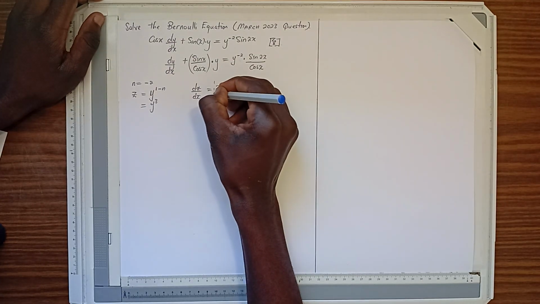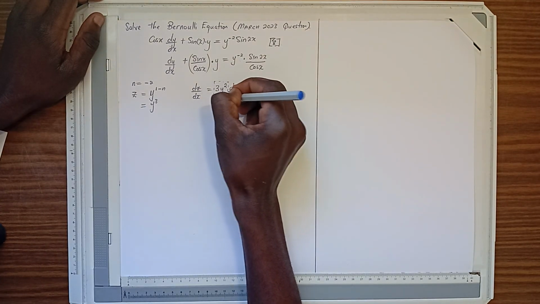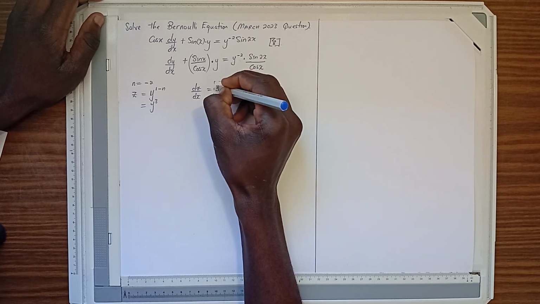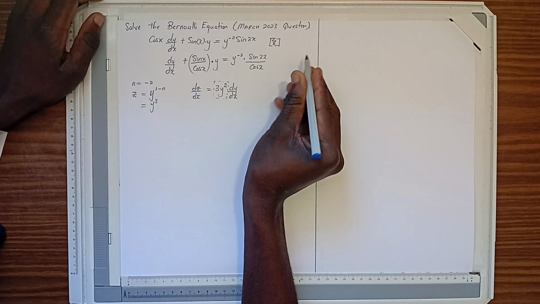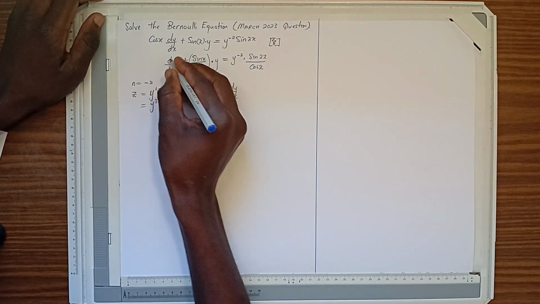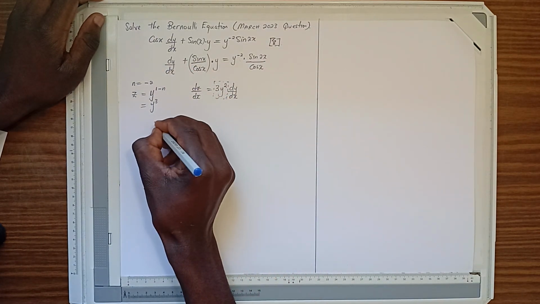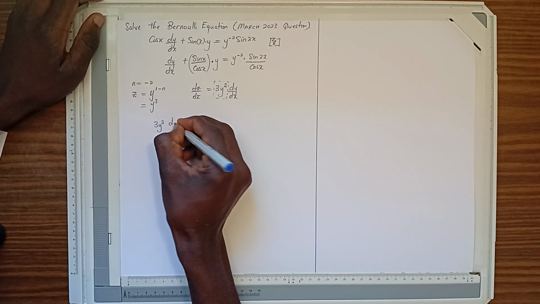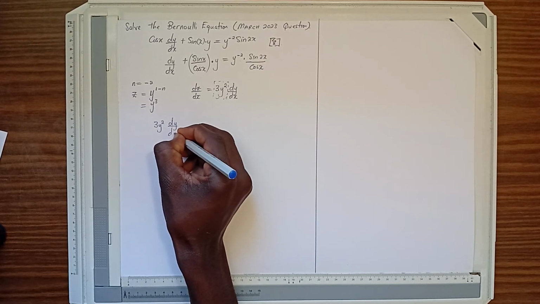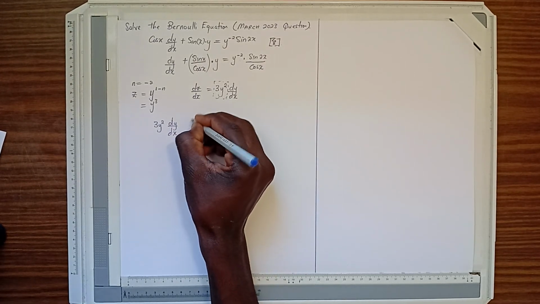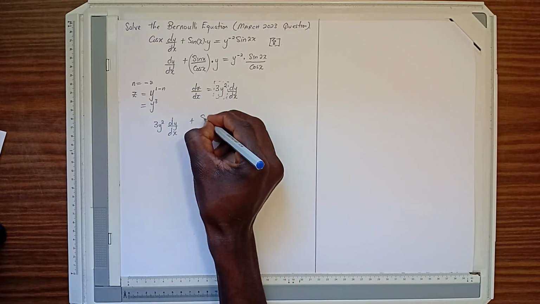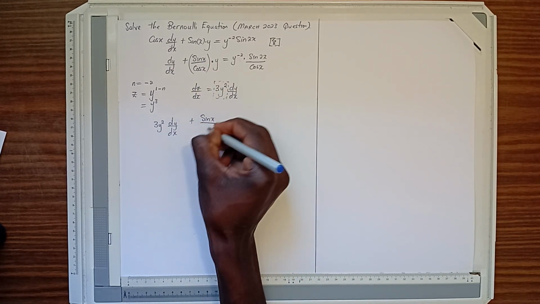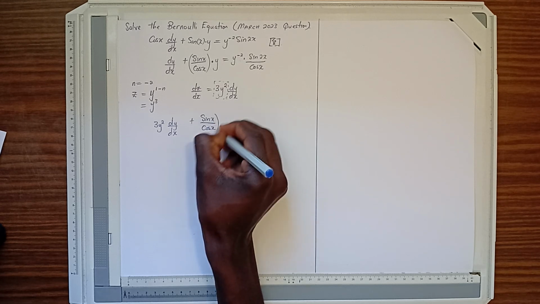Now, you see this part that you differentiate, the 3y squared, you multiply both sides by 3y squared. So if you multiply here by 3y squared, you get 3y squared dy over dx, plus if you multiply by 3y squared here, you get sine x over cos x.